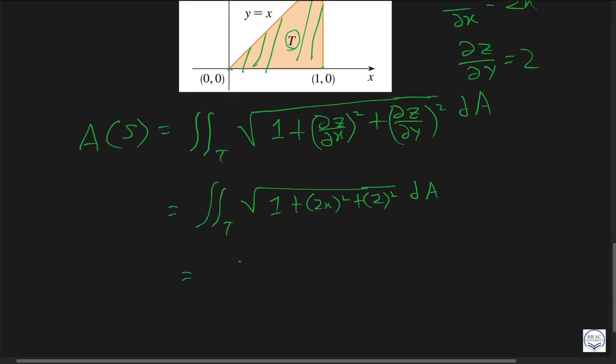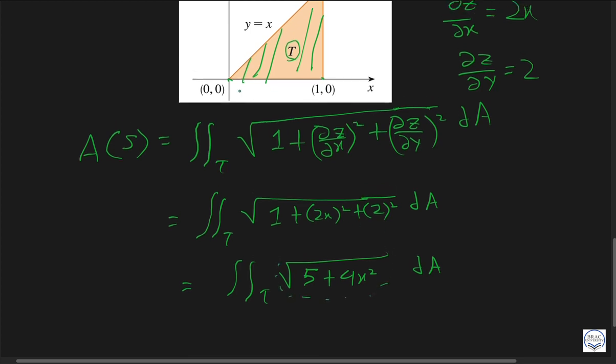So this is 4 plus 1, which is 5, so we've got the square root of 5 plus 4x squared dA. Now this integral will be easier to perform if we do the y integration first, because this expression is in terms of x.